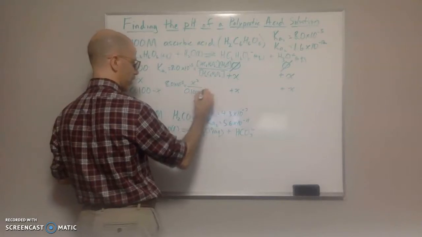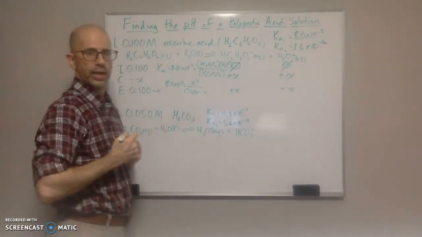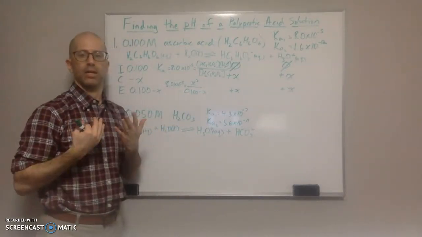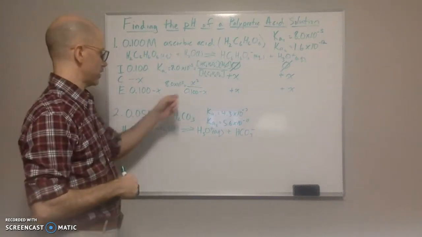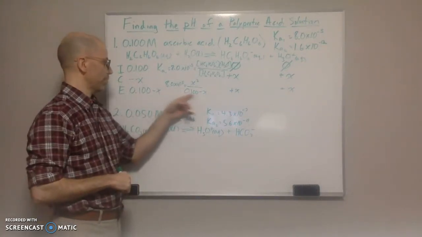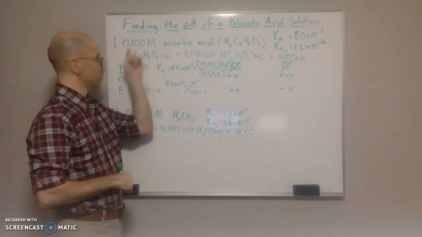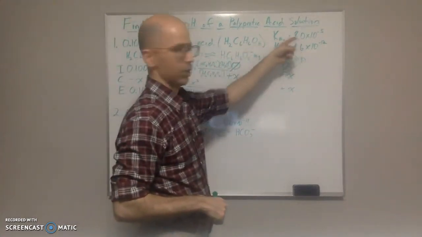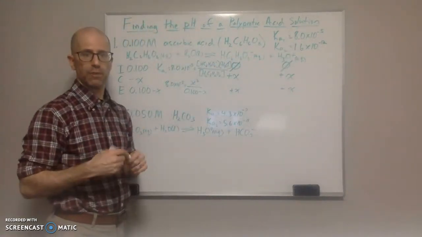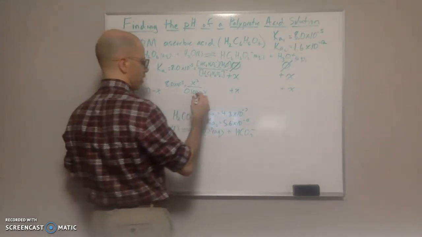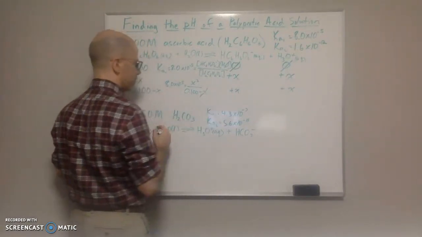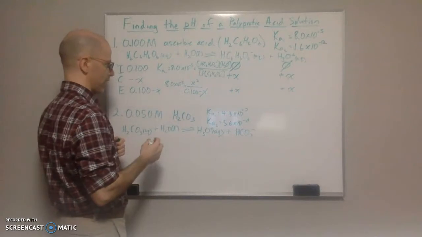0.100 minus X. And so we can do the X is too small approximation. The reason for that is because if you look at the original concentration compared to the Ka value, it's vastly different. So it's a good indication that you can do that. We'll have to double check that later.